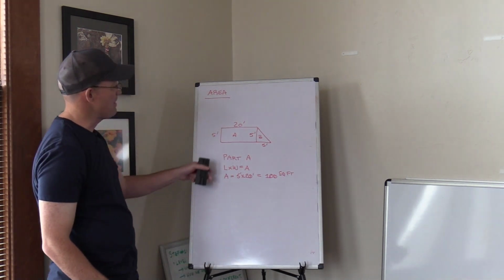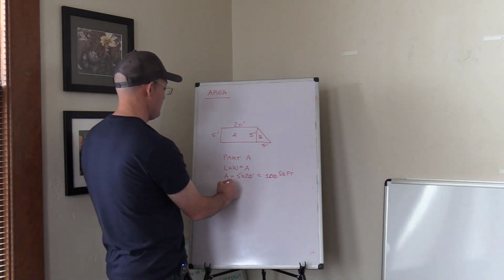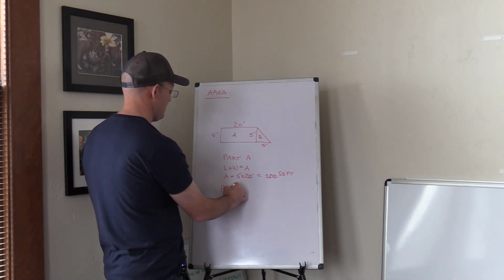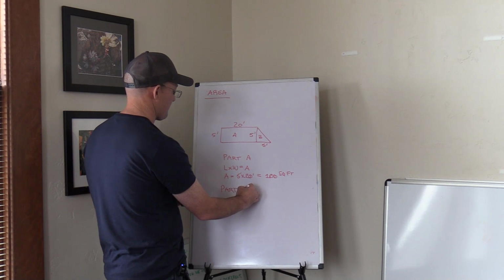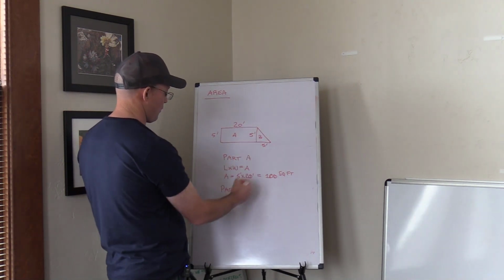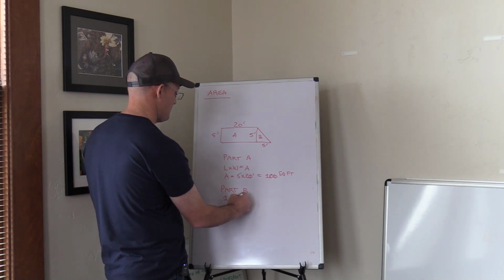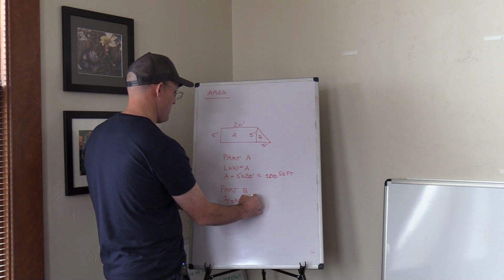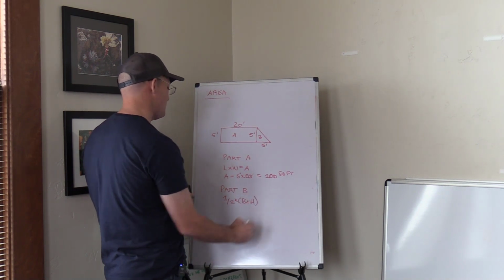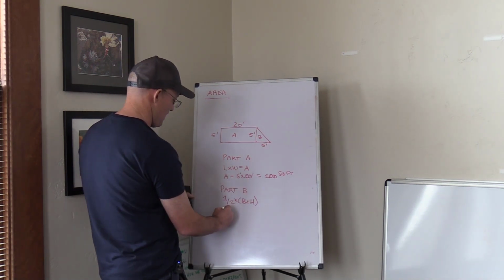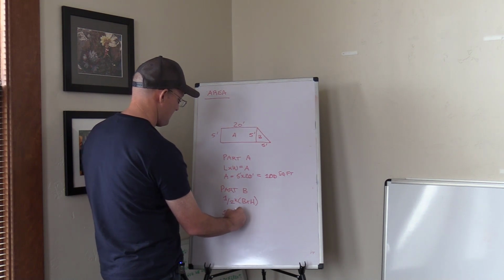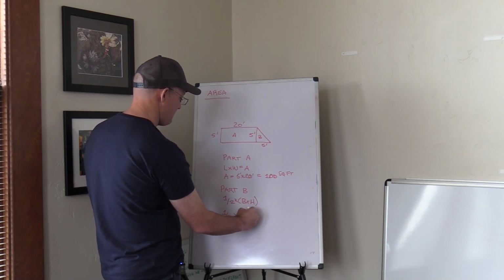Okay, so that's part A, but we also need part B. So we're going to put part B here. Remember, the formula for the area of a right triangle is 1/2 times the base times the height. So we've got 1/2 times 5 times 5.